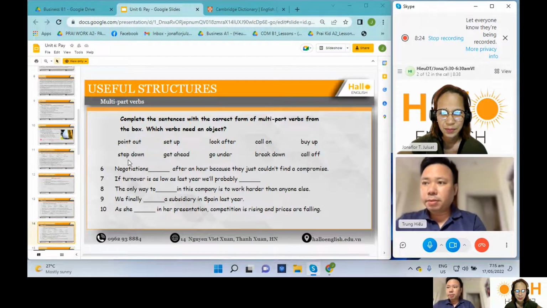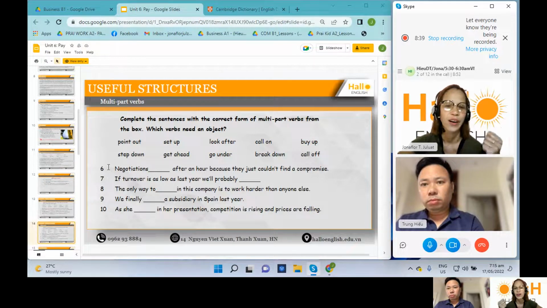Point out. Or in other words, negotiations will continue after an hour because they just couldn't find a compromise. So what is the right word for this?